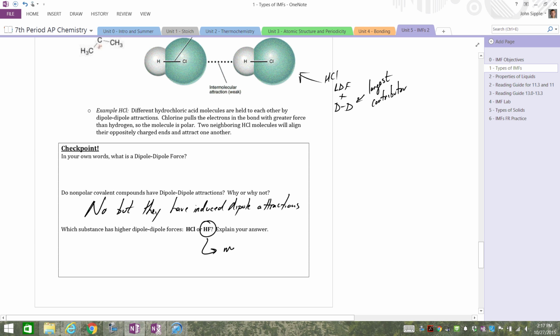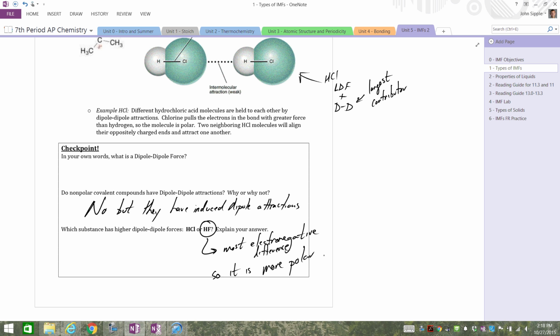It has the most electronegative difference between the two. In other words, it's more polar than the other molecule. The other molecule is polar, but not as polar as HF.